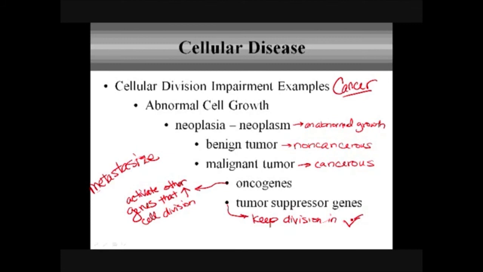But if there is a flaw, an error in those tumor suppressor genes, in those genes that are meant to kind of control the cell division and make sure it doesn't get out of control, if there's a mistake, then the tumor suppressor gene isn't going to properly keep cell division in check, and then cell division can get out of control. These are the two different genetic links, or kind of ways that we group genetic links to cancer.